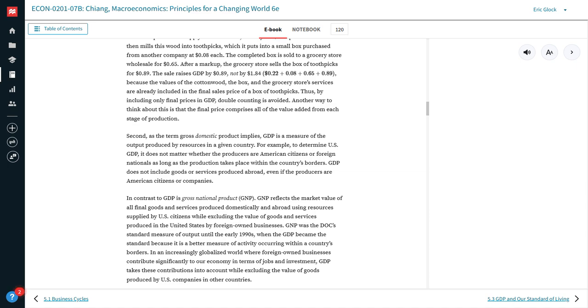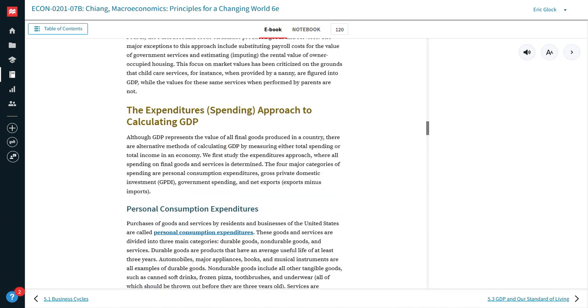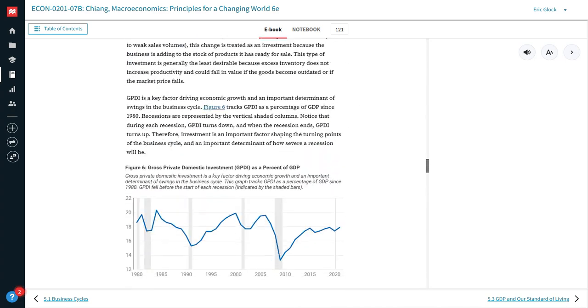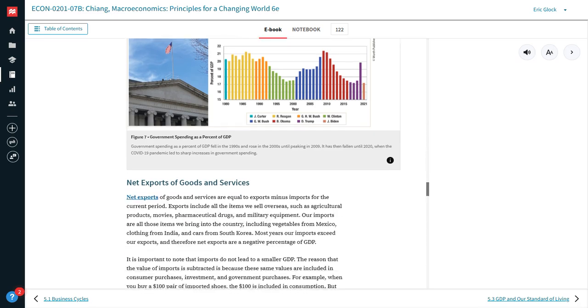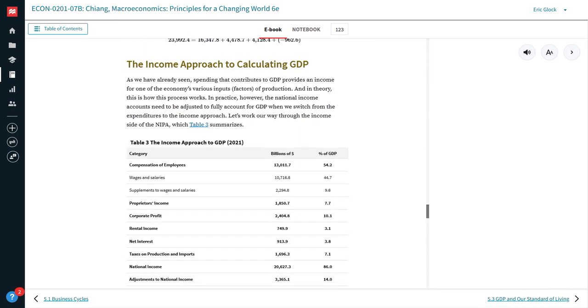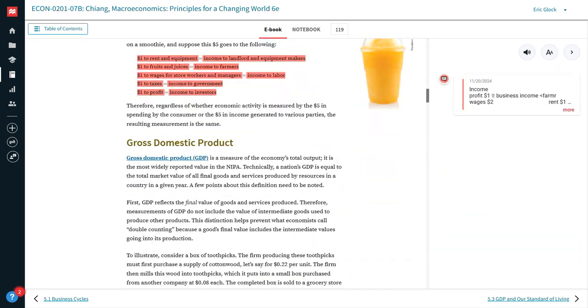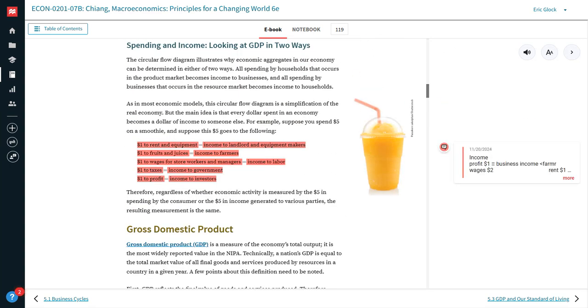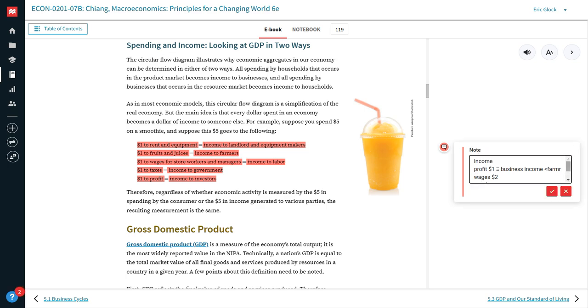So GDP, we have done the income portion of GDP. This is something I don't like about the way Chiang does this. He goes from talking about the smoothie, and then he starts talking about another form of GDP, but he doesn't make clear this is the raw simplified version of the income side of GDP.